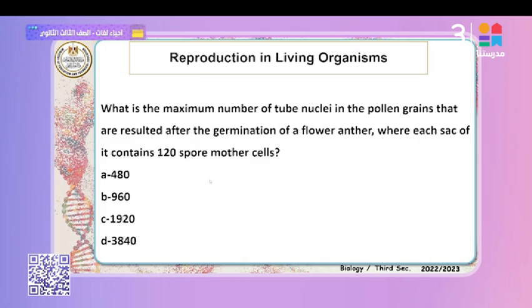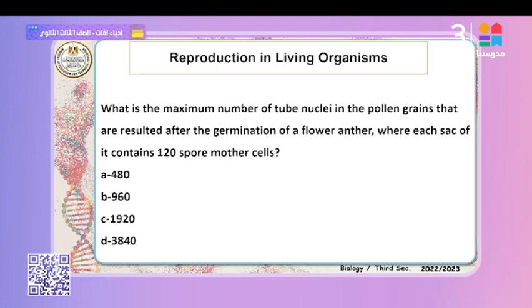What is the maximum number of tube nuclei in the pollen grains resulting after the flowering of anthers, where each sac contains 120 spore mother cells? Pay attention, please. An anther contains 4 sacs. Each sac contains primary germ cells. Each primary germ cell finally gives 4 pollen grains and 8 nuclei, tube nucleus and generative nucleus.